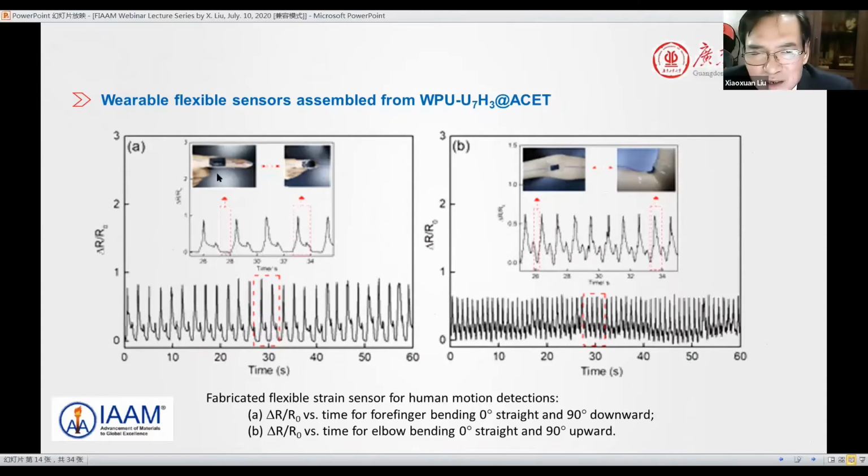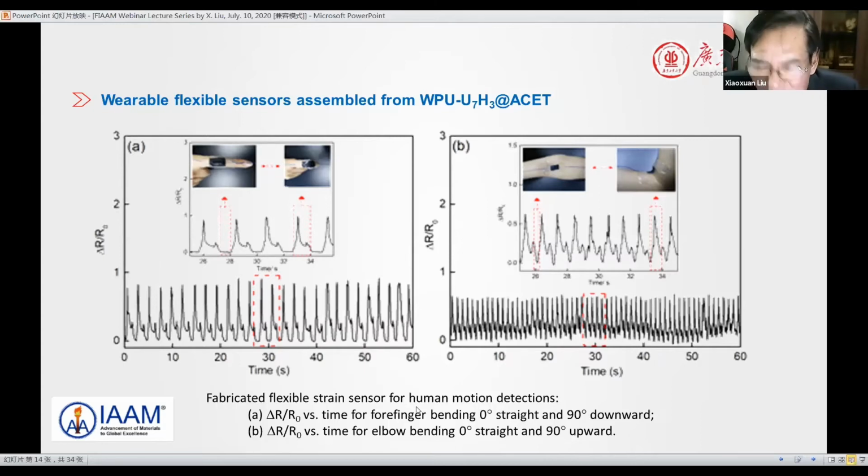It is bent from 0 to 90 degrees, so we can detect human motions.